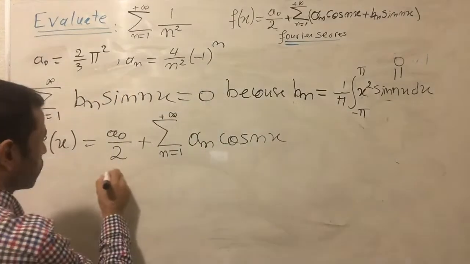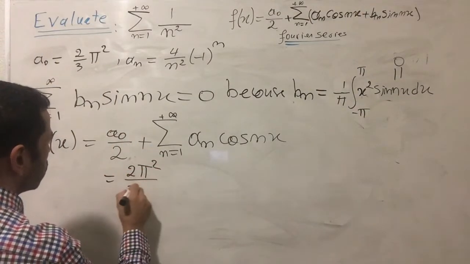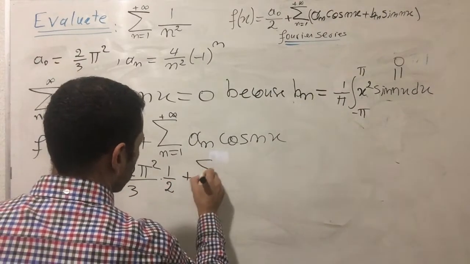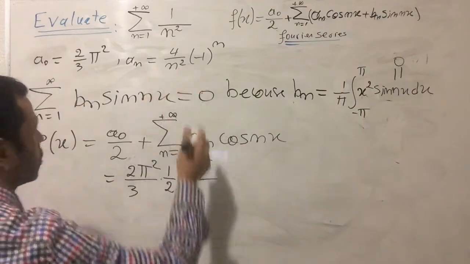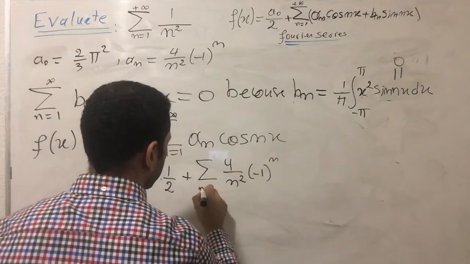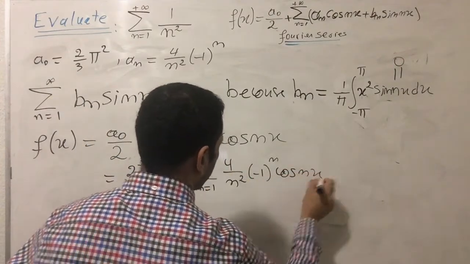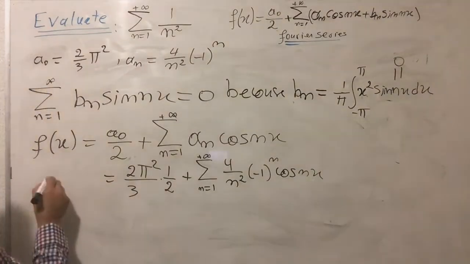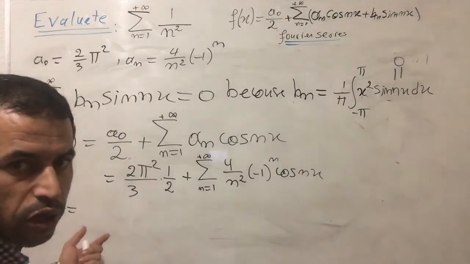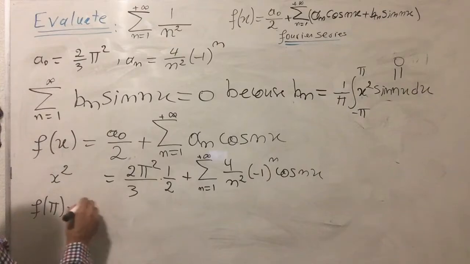So a naught over 2 is 2 pi squared over 3 multiplied by 1 over 2, plus a sub n, which we already evaluated, 4 over n squared multiplied by minus 1 to the n, as n goes from 1 to infinity, multiplied by cosine nx. This is x squared. What I'm going to do now is calculate f of pi, which is pi squared.